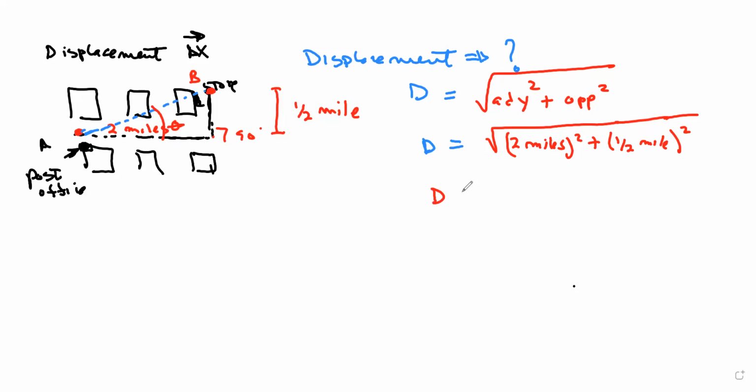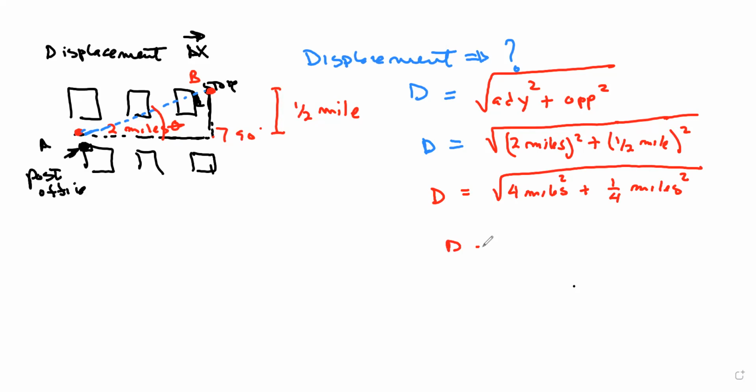So your displacement is going to be 4 miles squared plus 1/4 miles squared, and then you got to get the square root of all that.